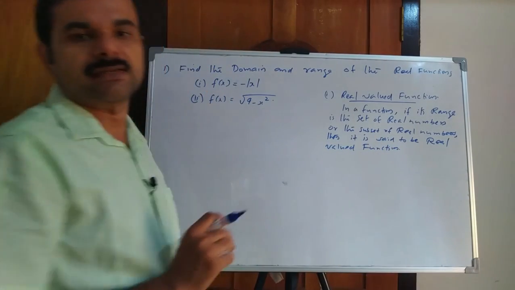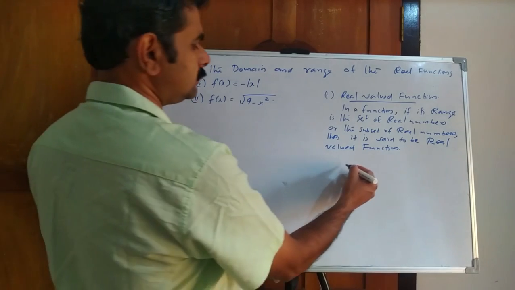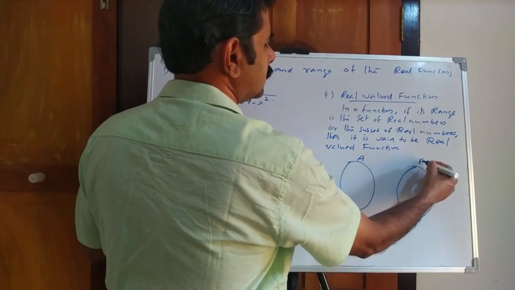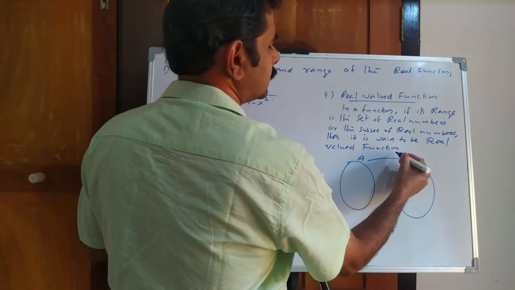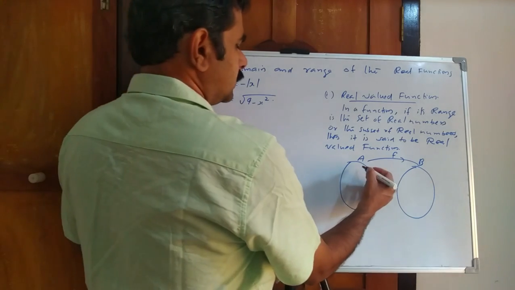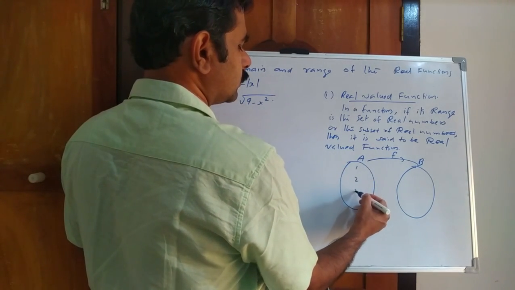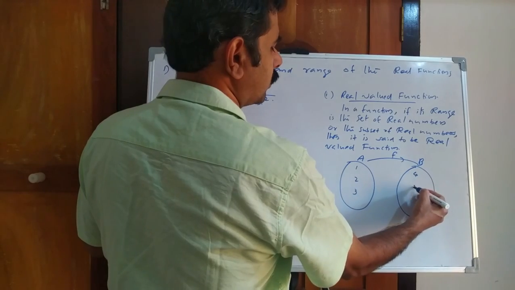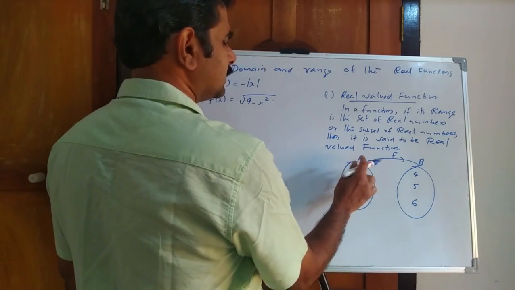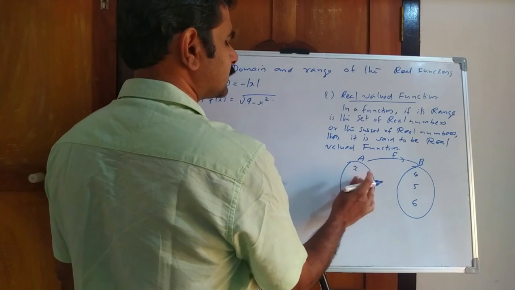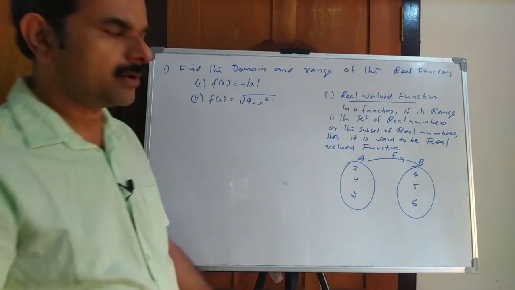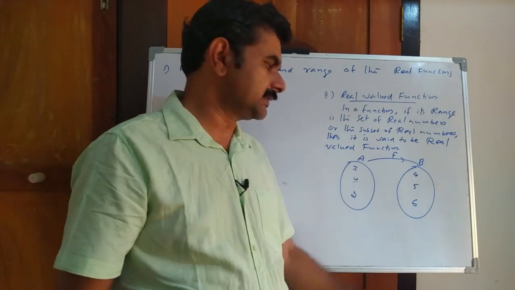Real valued function. For example, a function is taken from A to B. Here A is 1, 2, 3 or some x, y, z. We don't know the nature of x, y, z.